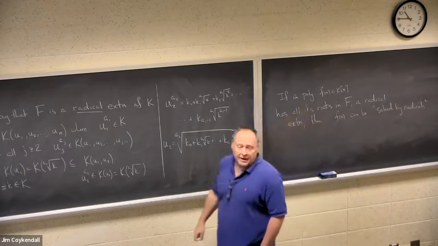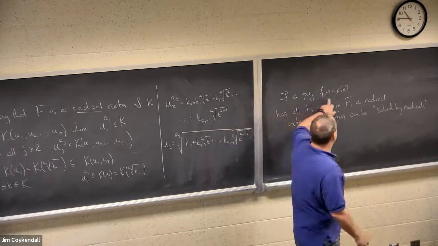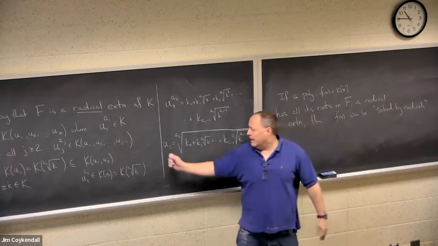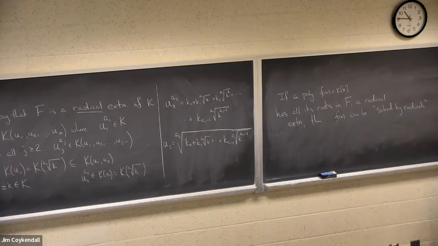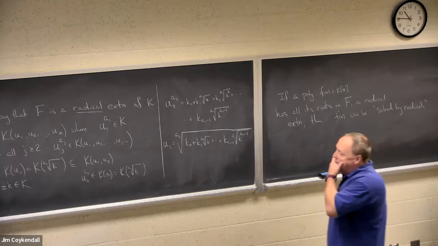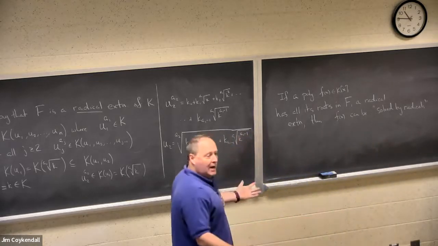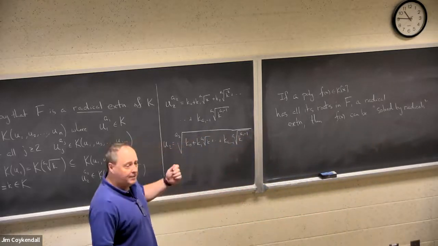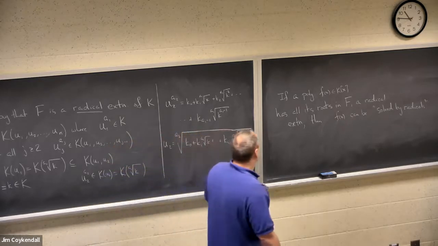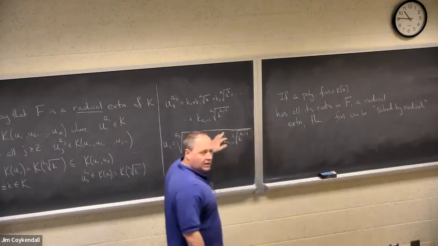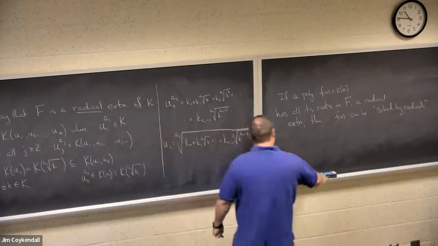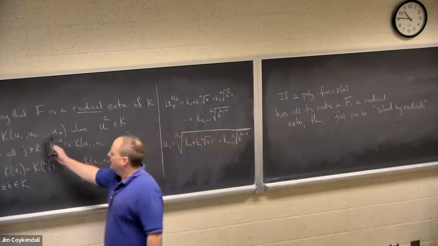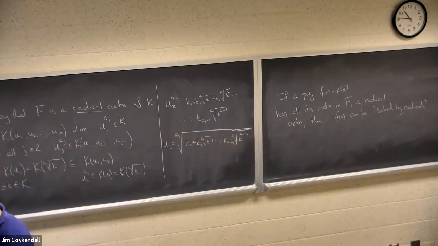Any root of this polynomial is in F, and elements of F can be expressed as perhaps extremely complicated radicals from the field. So when you ask yourself, when can my polynomial be solved by radicals? Well, this is the condition you need. You need it to be in a radical extension. And what does it take to be a radical extension? Well, it means it's a chain like this.